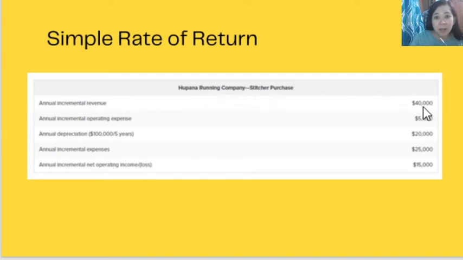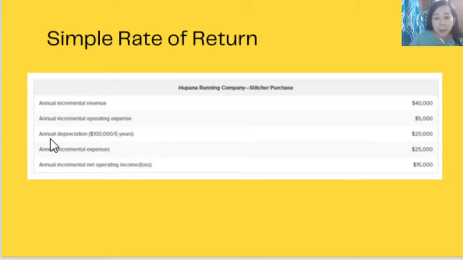So here it is 40,000, based on the given data. So the next figure here is the annual incremental operating expense. So every year, upon using the equipment, the enterprise will incur $5,000 for repair, maintenance, and the like.